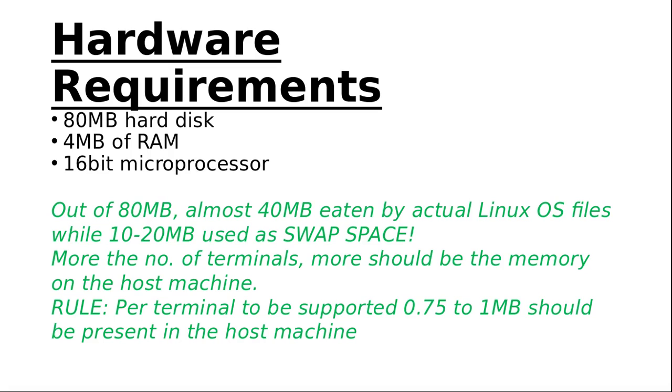Whenever these contents are required, they are read back from the swap space. Another thing to be noted is that the more terminals, the more memory the host machine should have. As a thumb rule, per terminal to be supported, 0.75 to 1 MB should be present in the host machine. So that's all for the hardware requirements.